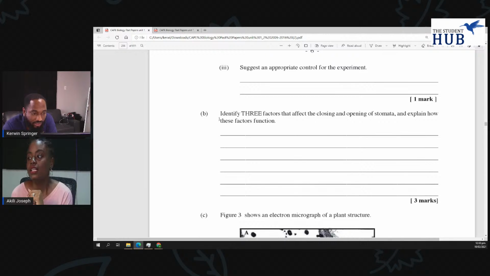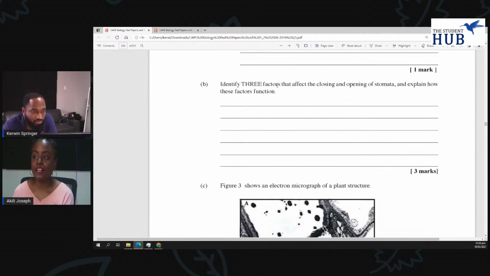Clear? So then they ask us to identify 3 factors that affect the closing and opening of stomata and explain how these factors function. So yes, it's only 3 marks, but I like to structure my answers as 1, 2, 3. If they ask for 3 factors, I put 1, 2, and 3 and write my factors next to it, right?